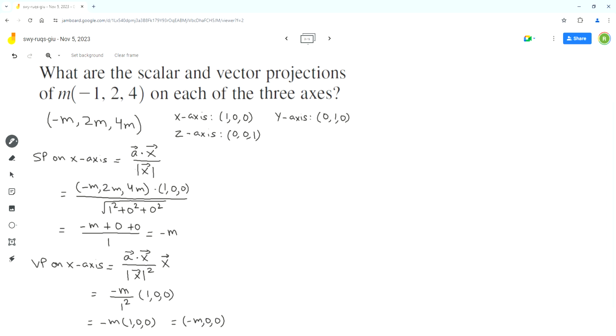Now we can do the analysis for y-axis. So vector y is the vector for y-axis.